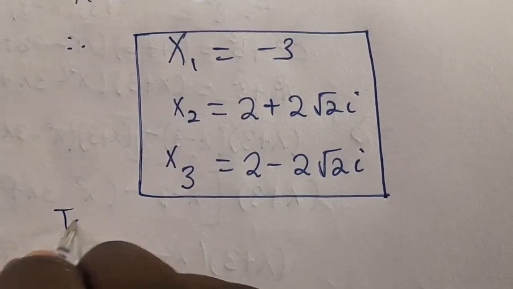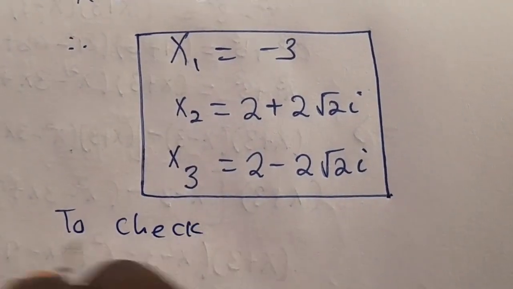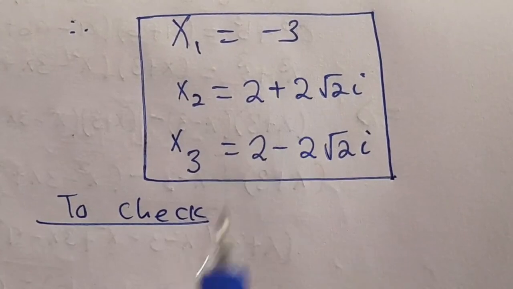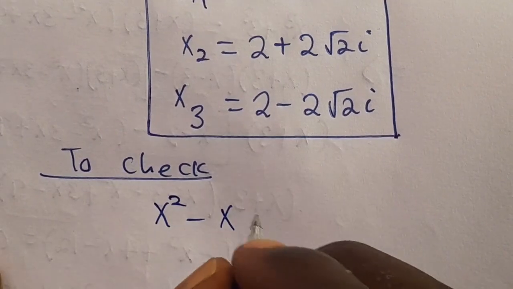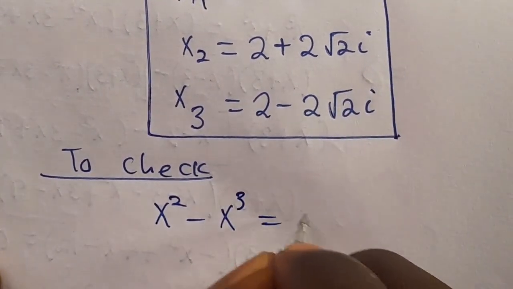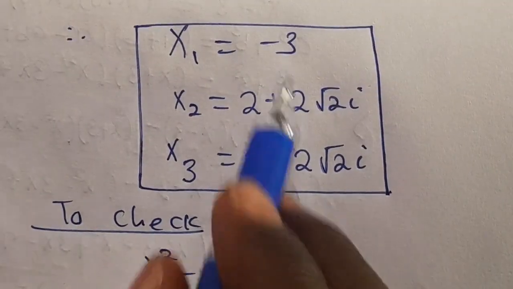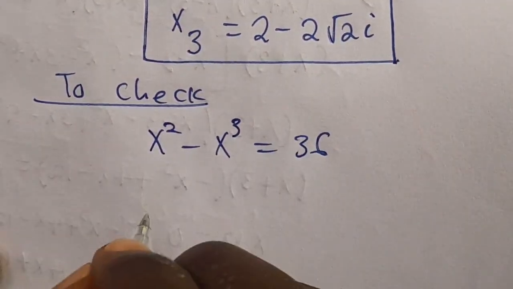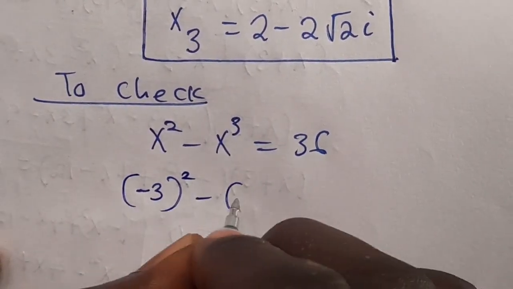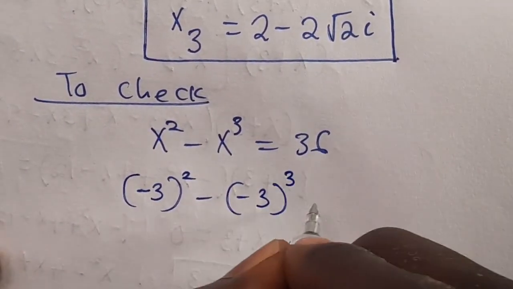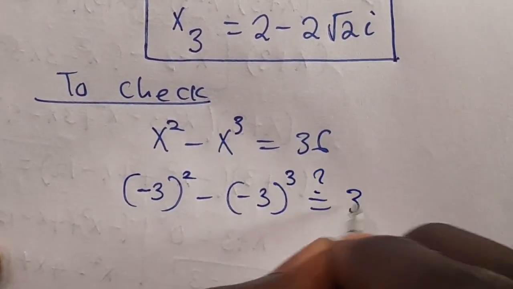To check for real solution, you have x to the power of 2 minus x to the power of 3 equals 36. When x equals minus 3, let's see what will happen. We have minus 3 all squared minus into minus 3 to the power of 3. Then is it going to give us 36?